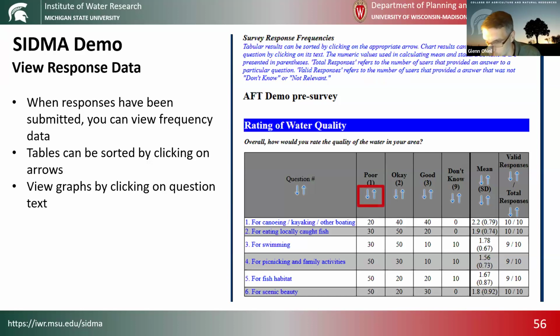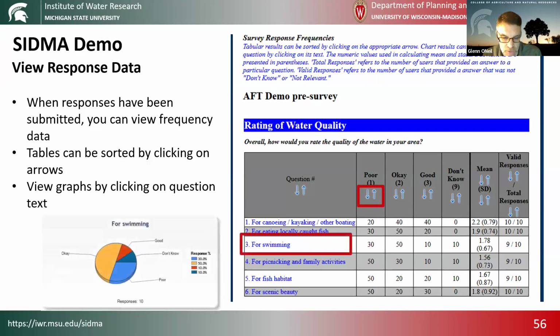Clicking on these arrows will, for a particular column, sort and rearrange the table accordingly. That's useful for some of the tables that might have 20 or more questions, and you want to see which particular question was rated poorly for a particular criteria, or good, or had a high mean score. You can view graphs for each question by clicking on the text.